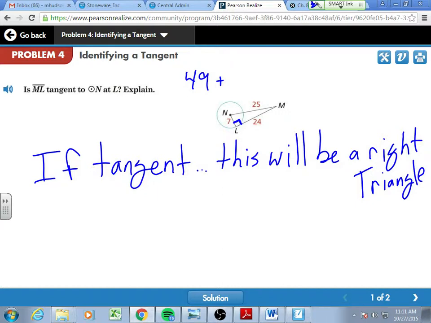That gets a little crazy. 576. That would have to be equal to 25 squared, which is 625. That's one of our nice perfect squares. And if we check it, 576 plus 49, it is true. So this does, in fact, check out. It is tangent.